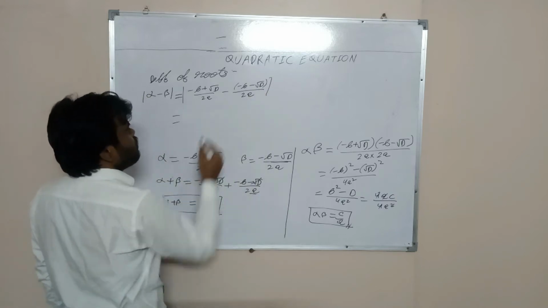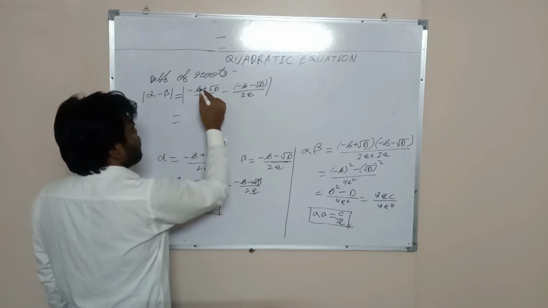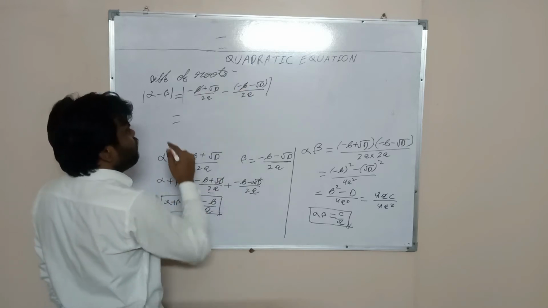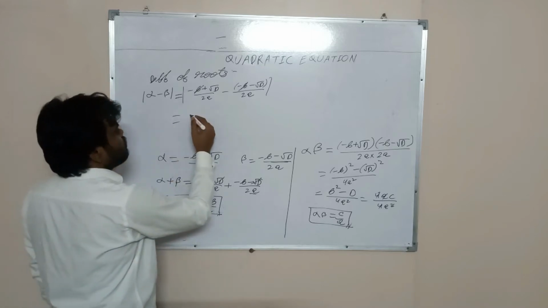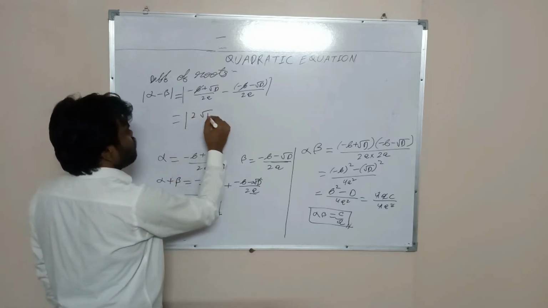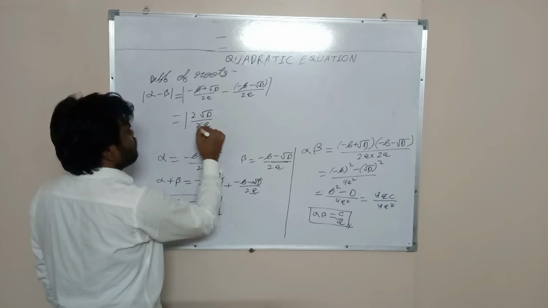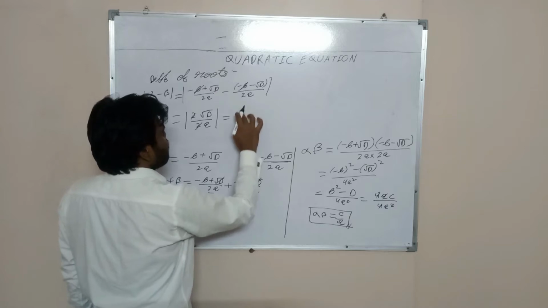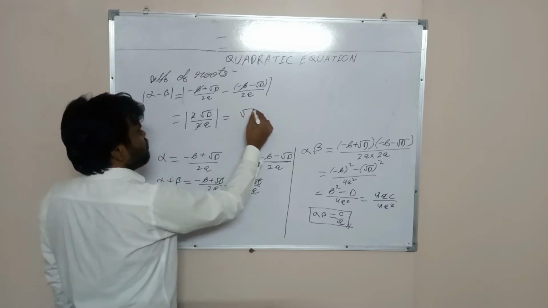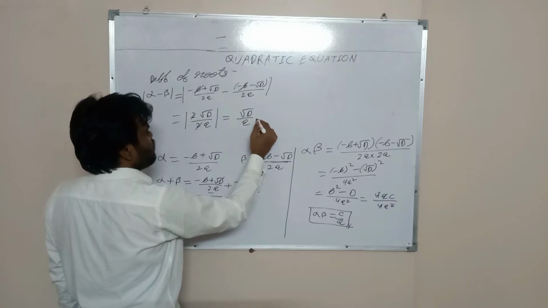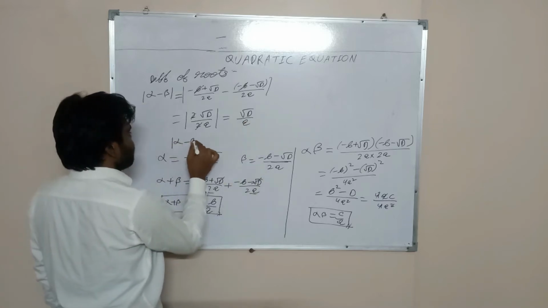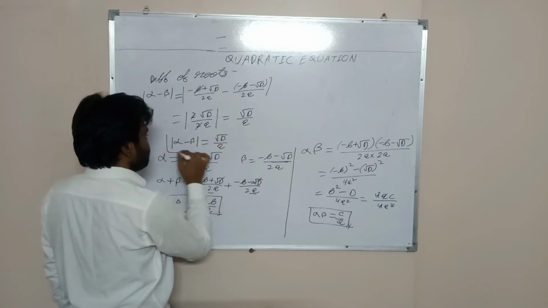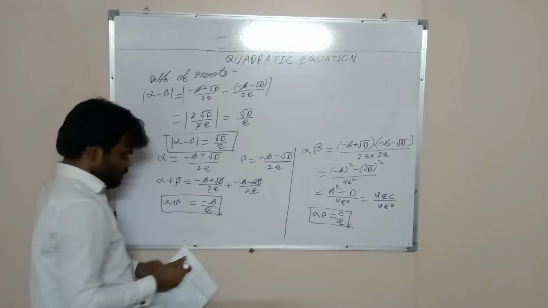So minus minus will be plus, so the b terms will get cancelled, and this root d will become twice root d upon 2a. So the magnitude will be, as it is already the square root, square root of d upon a. So basically the difference of roots will be equal to root d upon a.